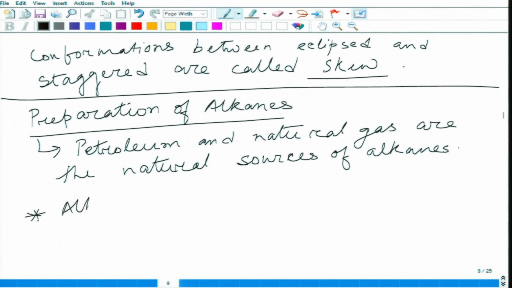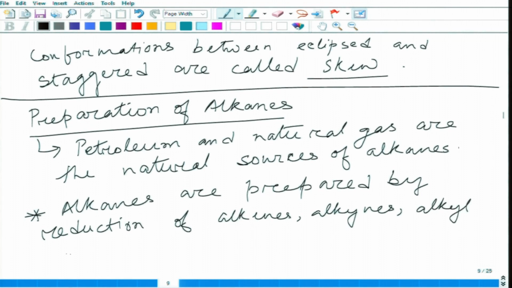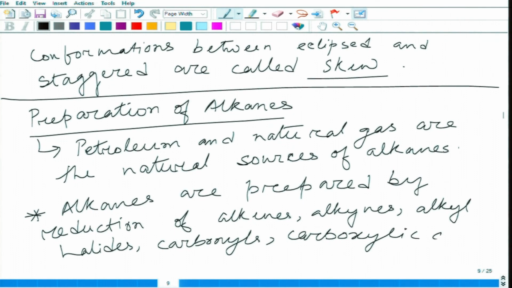Mostly alkanes are prepared by reduction of alkenes, alkynes, alkyl halides, aldehydes or ketones, we can say carbonyls, carboxylic acids, etc. Okay.